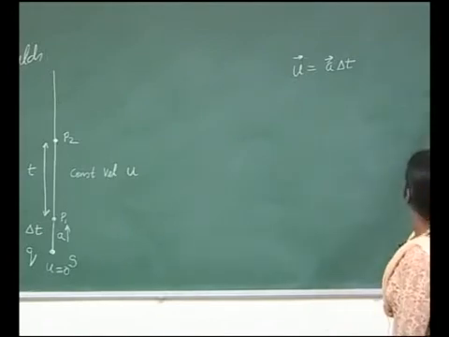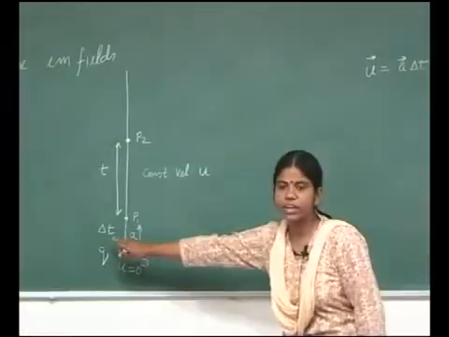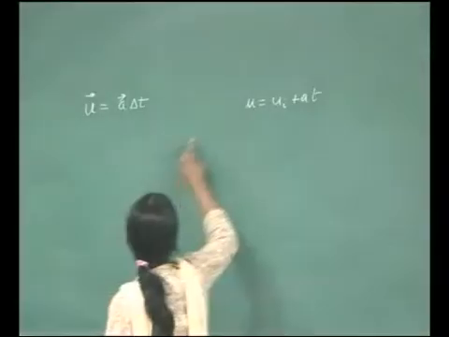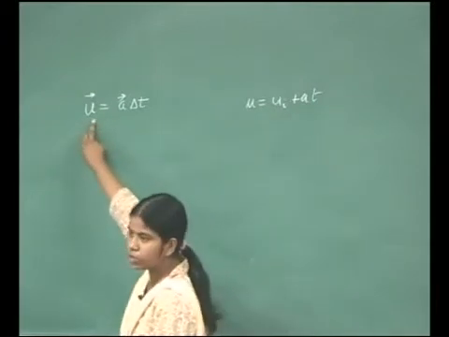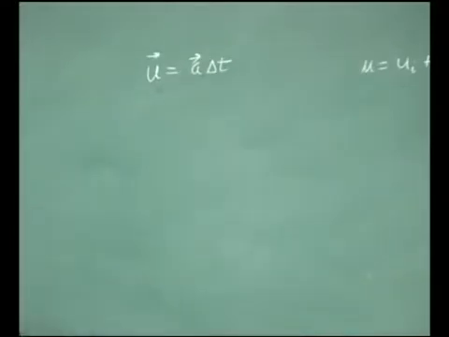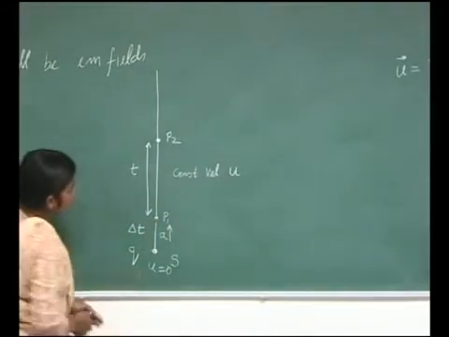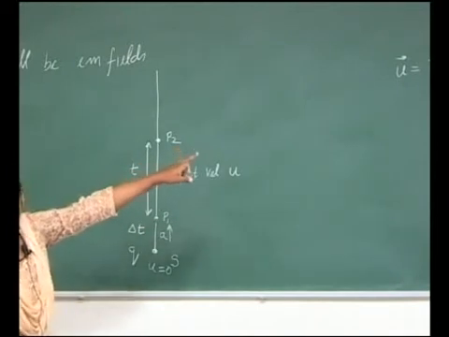So, initial velocity is 0 here, and I give an acceleration a for time delta t. So, the final velocity at the end of delta t seconds would be u, and that would be a delta t. So, from point P1, the charge moves at constant velocity u equals a delta t.